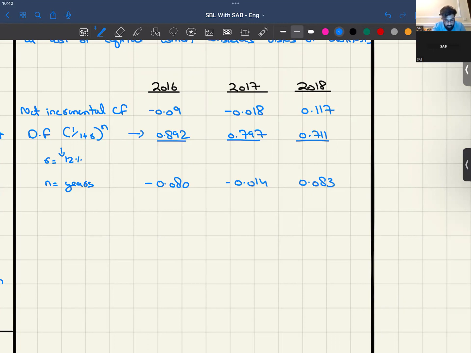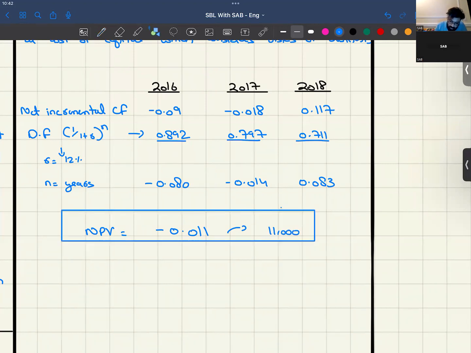So let's just deduct 0.014 minus 0.080. NPV is around minus 0.011. Or if we convert it into millions, it seems to be 11,000.